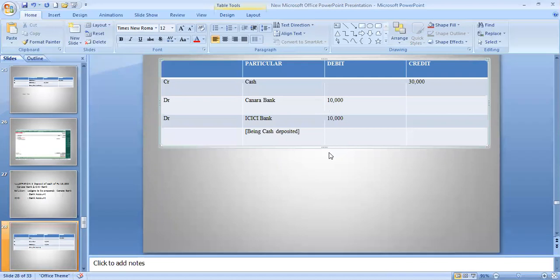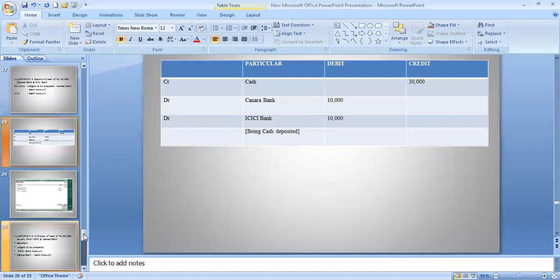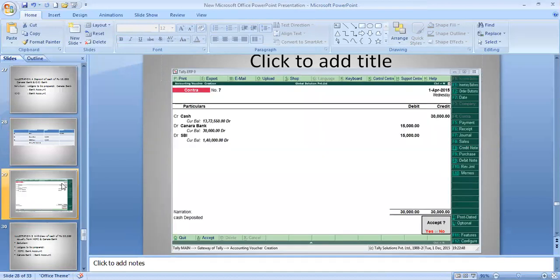Okay. So the cash is deposited, and this is how the transaction has to be given. In the ledger creation, you will be creating the Canara Bank as well as ICICI Bank, then the cash account.